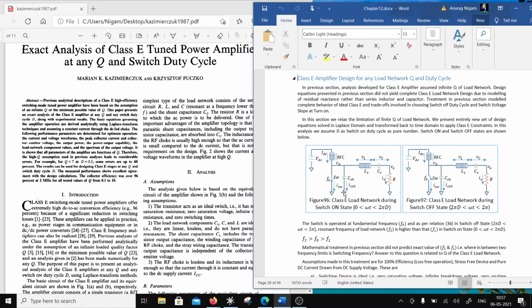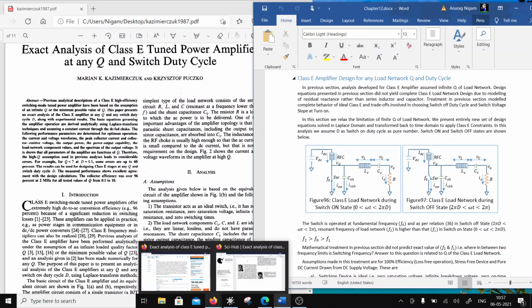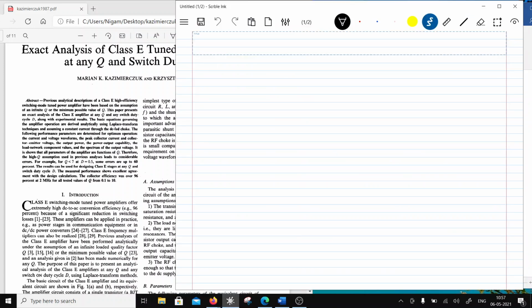In figure 96, where the switch is on, the resonant frequency of the load generator, let's say F2, is higher.